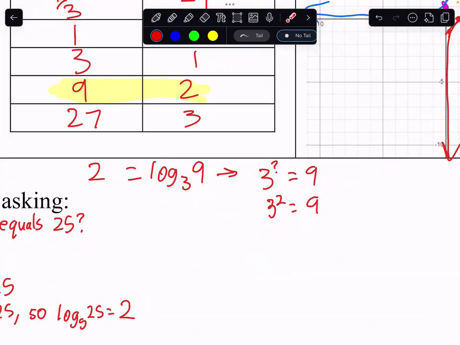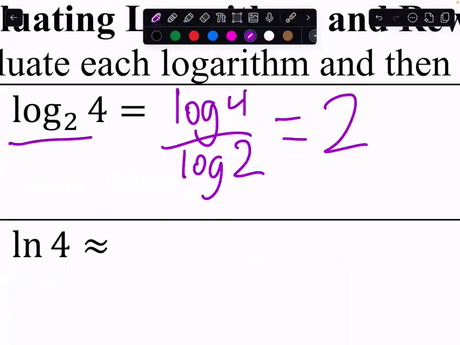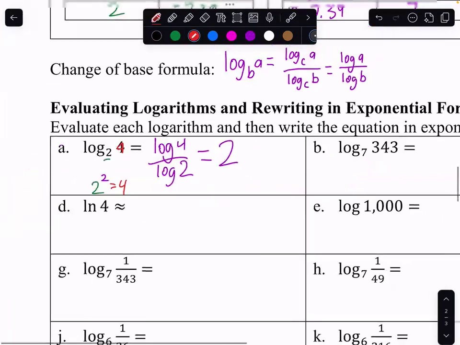So over here, when we say that log base 2 of 4 equals 2, we're really saying that this 2 to the power of this exponent equals this number. Okay, so that one was a little bit confusing because the number 2 shows up twice.